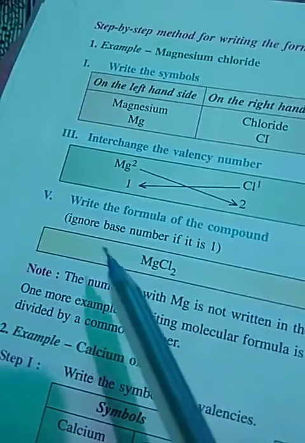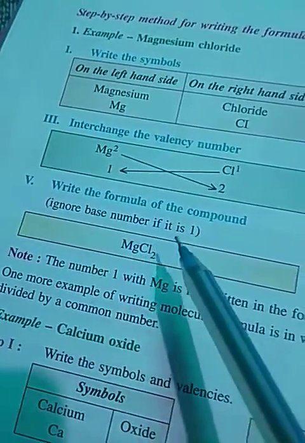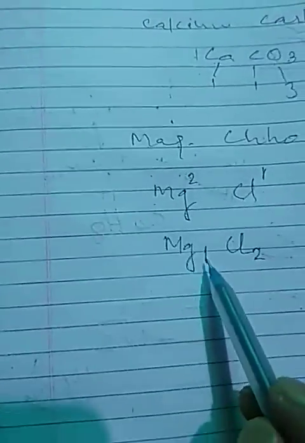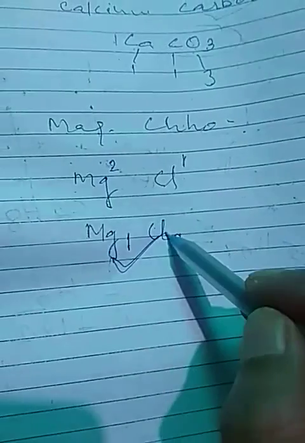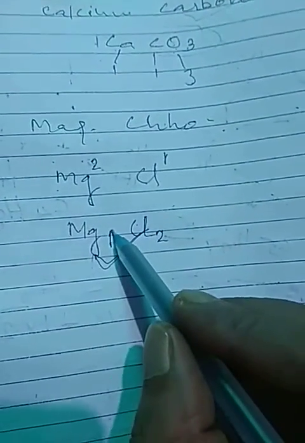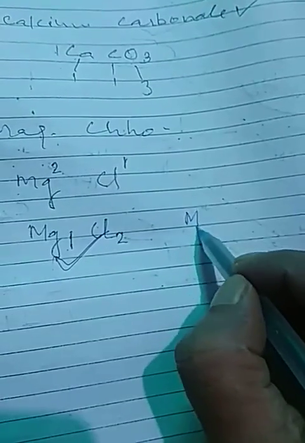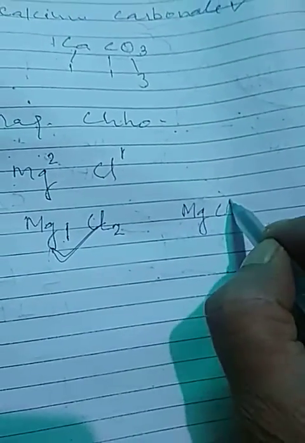Now, here ignore the base number if it is 1. Here Mg is 1. If there is 1, no need to write. This is the molecular formula of magnesium chloride, but we normally don't write 1. So it will be MgCl2. MgCl2 will be the molecular formula.